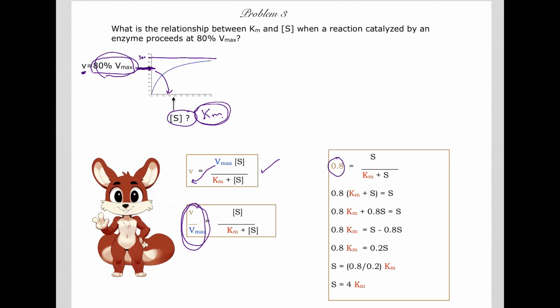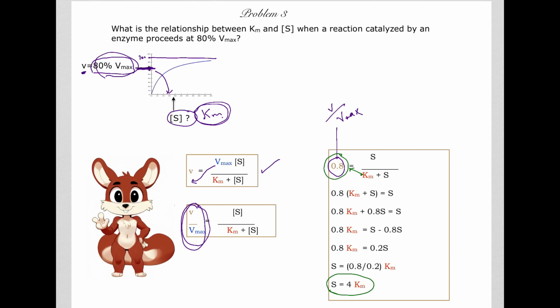So this is basically our V divided by Vmax, 0.8. Now that's equal to S over Km plus S. We solve for this. 0.8 times Km plus S will give us S. Work this out, and you get the relationship where the substrate concentration is equal to 4 Km.